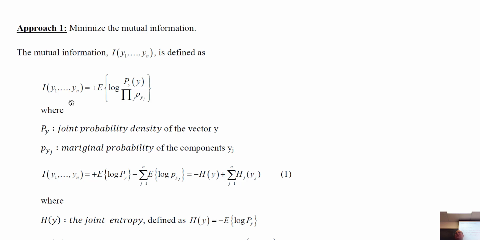What's the mutual information among the components of this vector y? We'll see below that it's in fact an application of the Kullback-Leibler divergence, because it measures the proximity between the joint probability density of y and the product of the marginals.